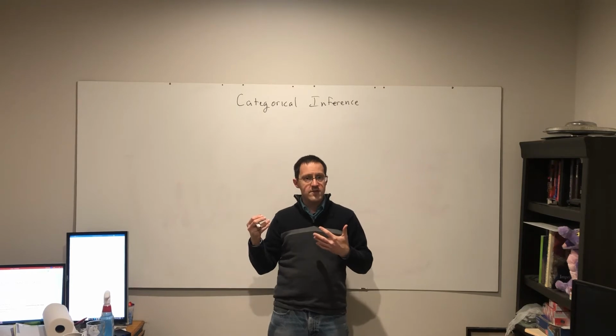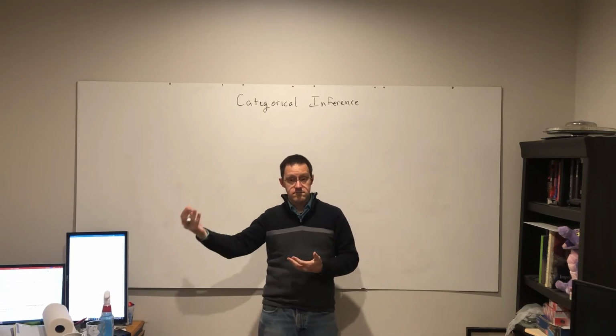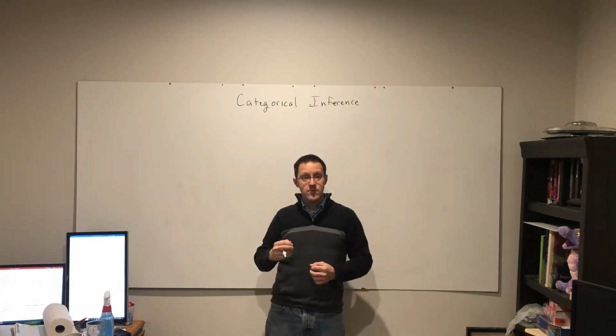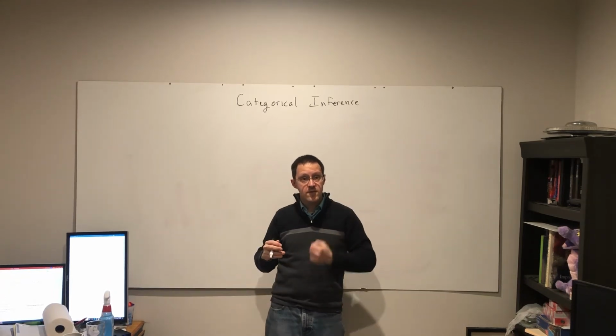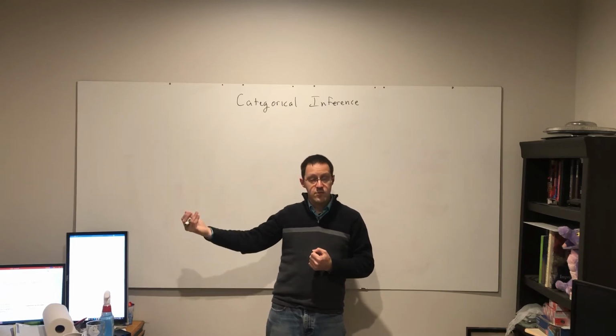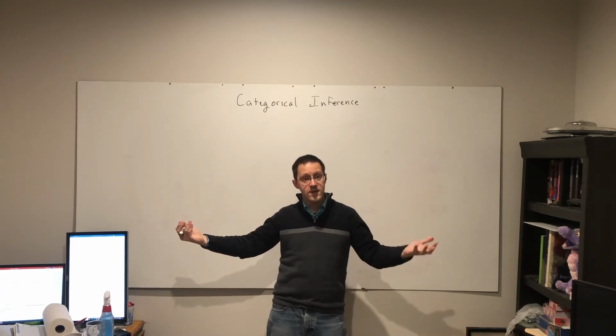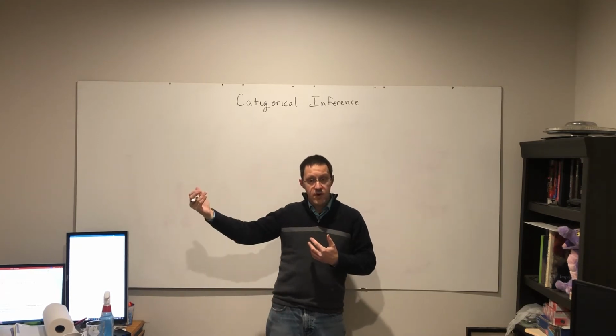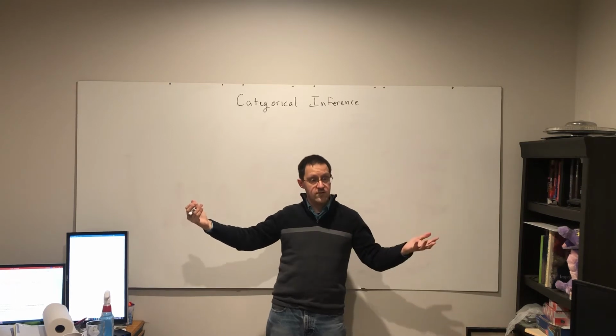It could be as simple as things like smoking causing lung cancer. It could be the effect of racial categories on income, the effect of, as we had seen before, mask mandates on COVID rates.